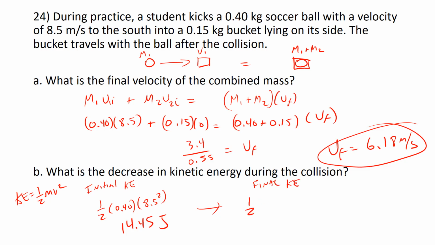final kinetic energy was 1/2 times the combined mass, 0.55, times the final velocity, which was 6.18. So 6.18 has to be squared. 6.18 squared times 0.55 times 0.5, and we have 10.5 joules of kinetic energy.